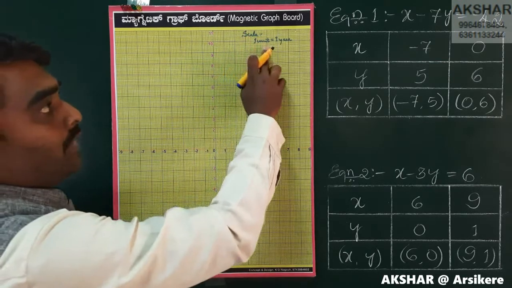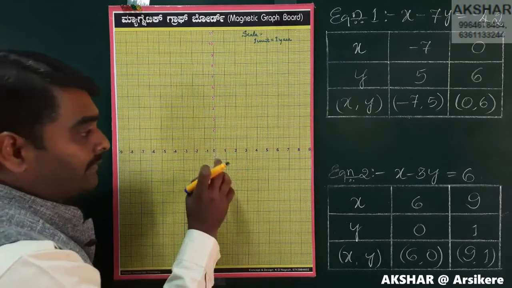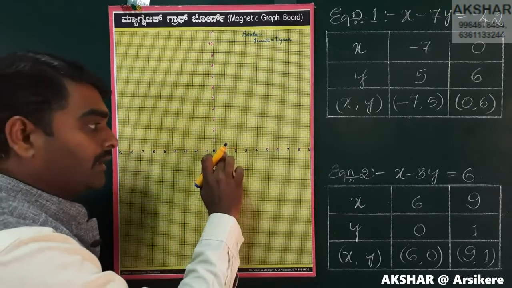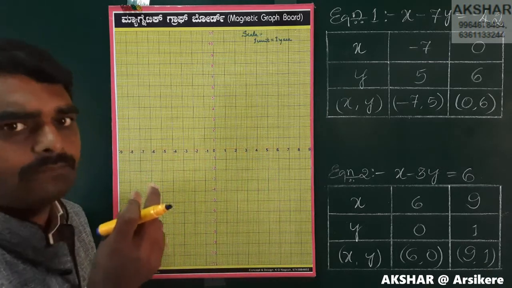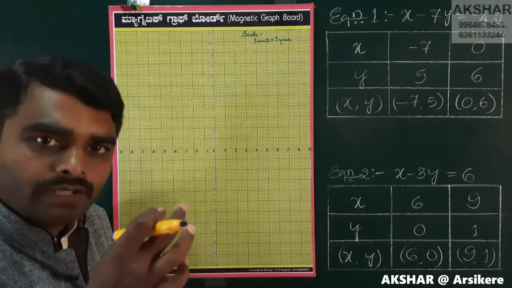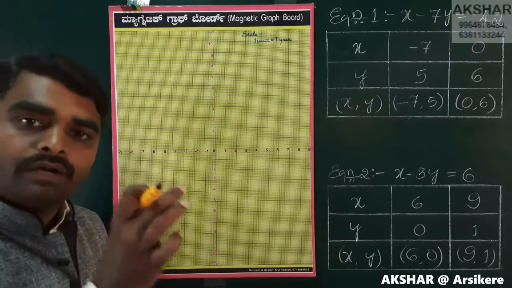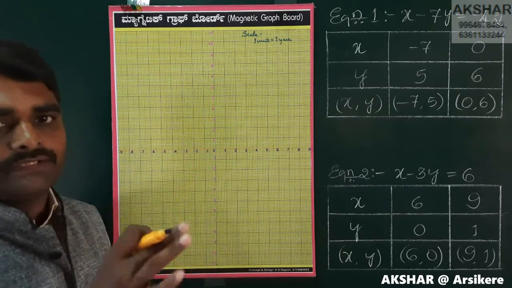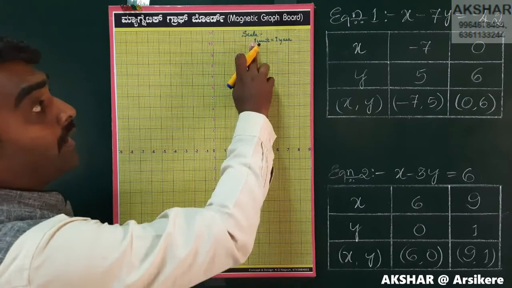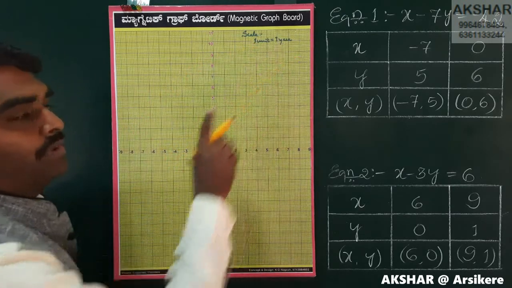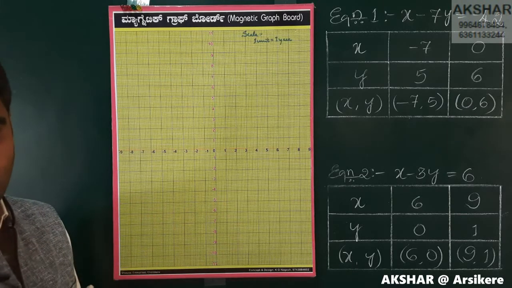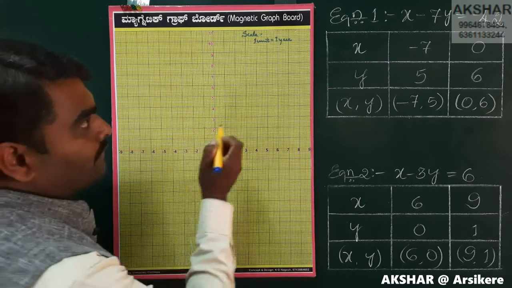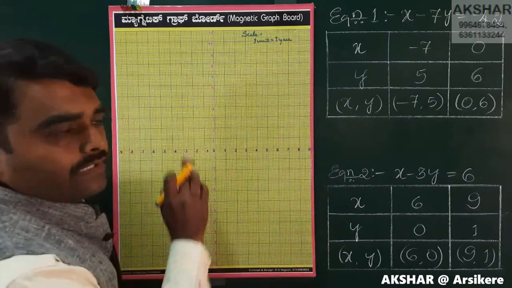Scale 1 unit is nothing but 0 to 1 or 1 to 2, 2 to 3, that is 1 unit. It may be in centimeters or millimeters or meters, whatever it is, you consider 1 unit equal to 1 year because the problem is based on age. So 1 unit is equal to 1 year, that is the scale.